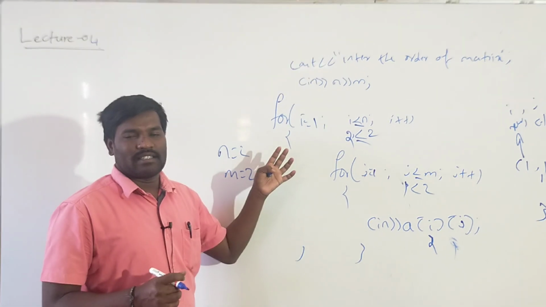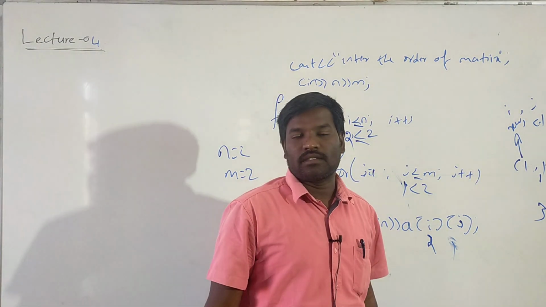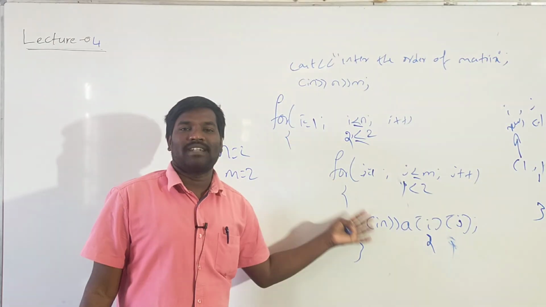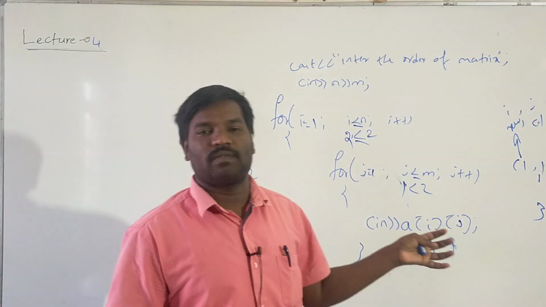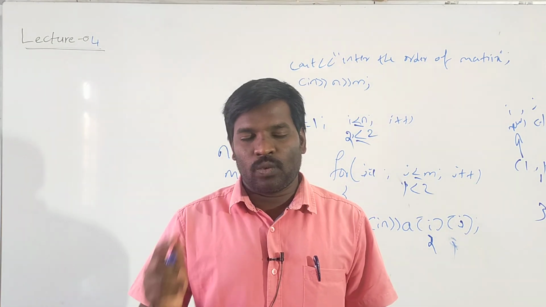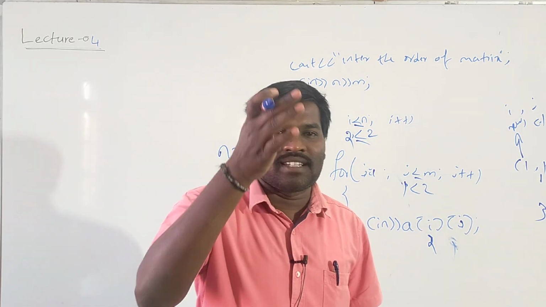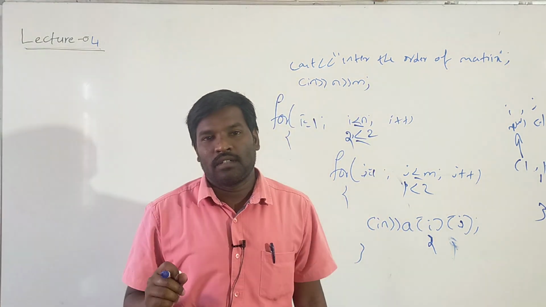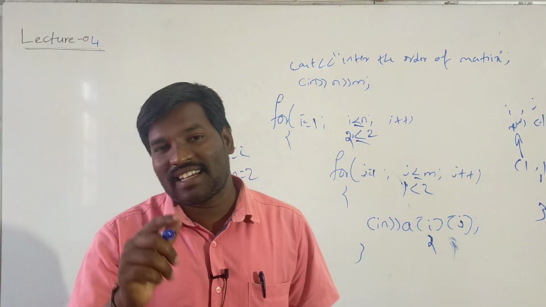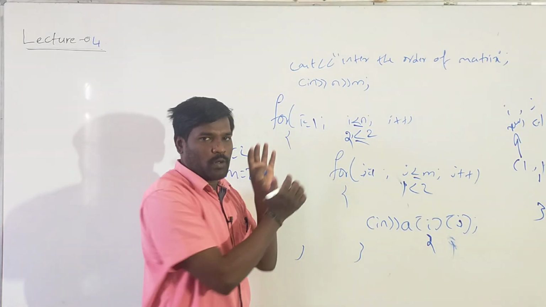But here, instead of entering the limit, we have to enter the order of the matrix. After entering the order of the matrix, one by one we have to enter the matrix elements. That's why we have to use 2 for loops. In a 1-dimensional array, the elements can be entered either in a row or in a column. But if you want to enter the elements in terms of rows and columns, it is possible only with the help of 2 for loops.